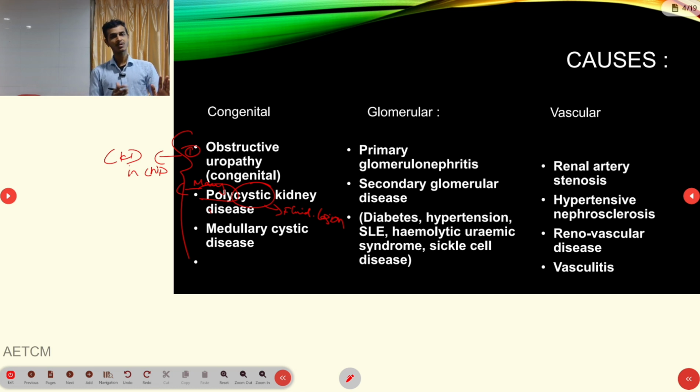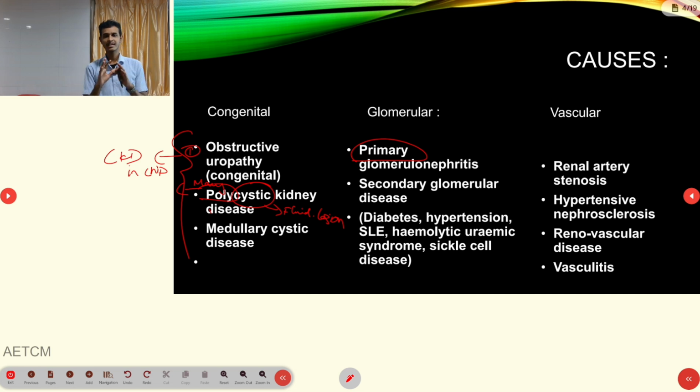Coming to the glomerular part, this is primary and then secondary glomerular nephritis. Glomerular nephritis is nothing but itis, meaning inflammation. If any inflammation or damage occurs in the glomerular compartment, that is called primary glomerular nephritis. Primary means the injury directly occurs in the glomeruli.